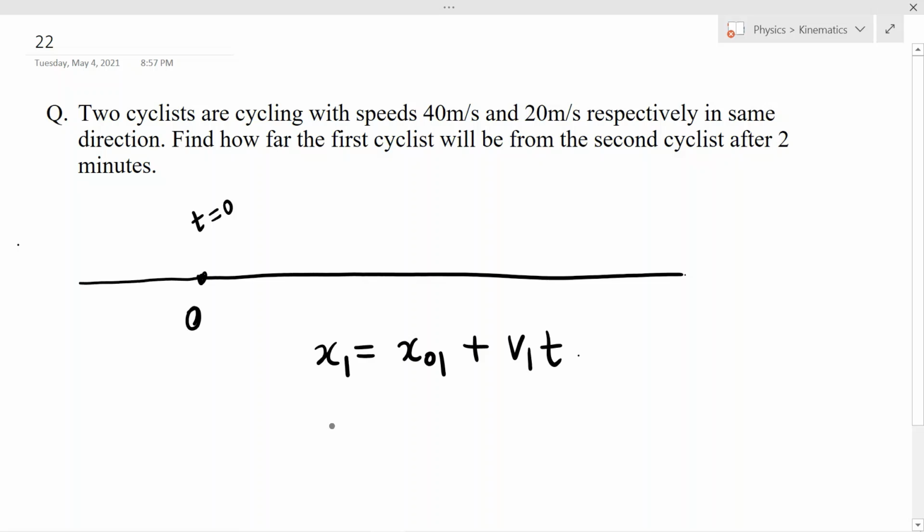For the second cyclist, I will again write something like this, because this formula is universal. Now our origin will be the same, because the two cyclists, let's say 1 and 2, are here only at that instant, that is t equal to 0. And then they will be separated from each other.